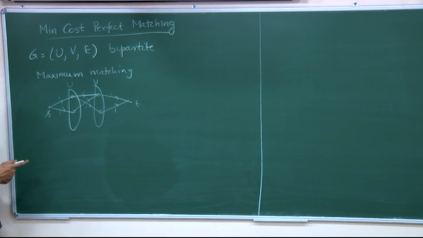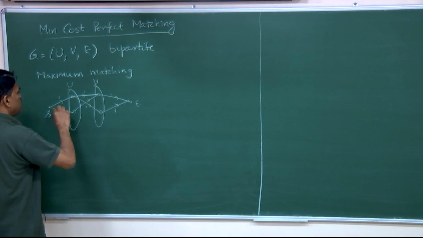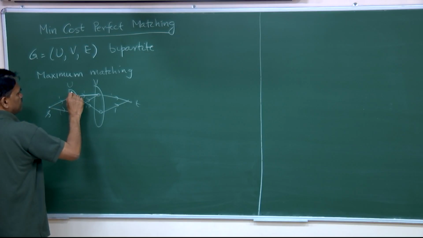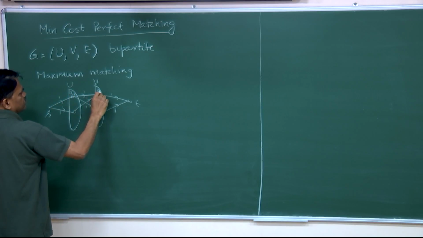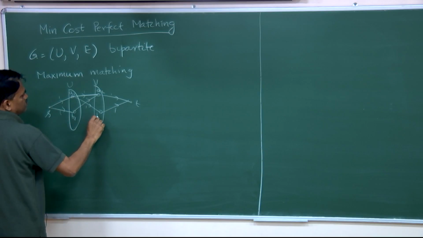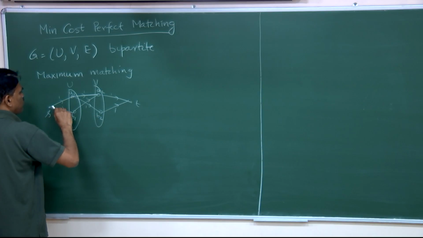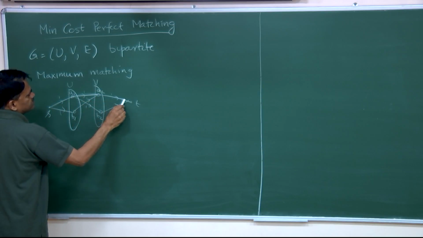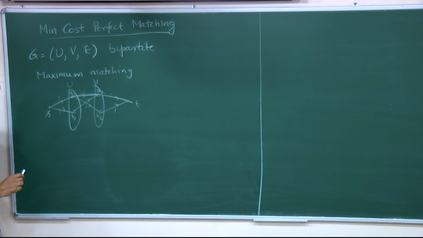If I use the Ford-Fulkerson paradigm, we will send a flow. Suppose I send a flow of 1 through this edge. Then you construct a residual graph.